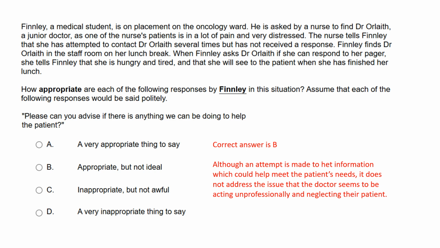So yeah, it's quite tricky, but I think you can see that whenever you get questions which come down, at least in part, to are you putting the interests of the patient first? If the answer is yes, then it's likely to be in the top half of the answers, because that's one of those key principles that you need to follow.